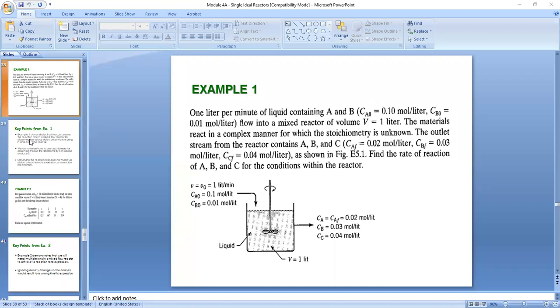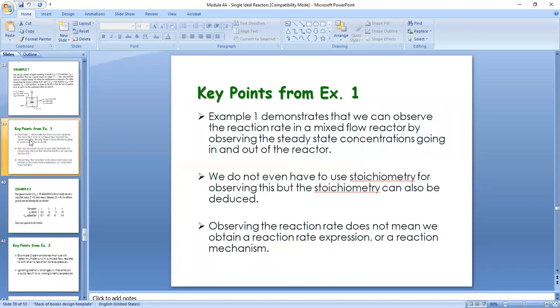So the key points that we will learn from this first example are the following. This example demonstrates that we can observe the reaction rate in a mixed flow reactor by observing the steady state concentrations going in and out of the reactor. So we simply determine the CAO and the CA, the CBO and the CB, and the CCO and the CC.